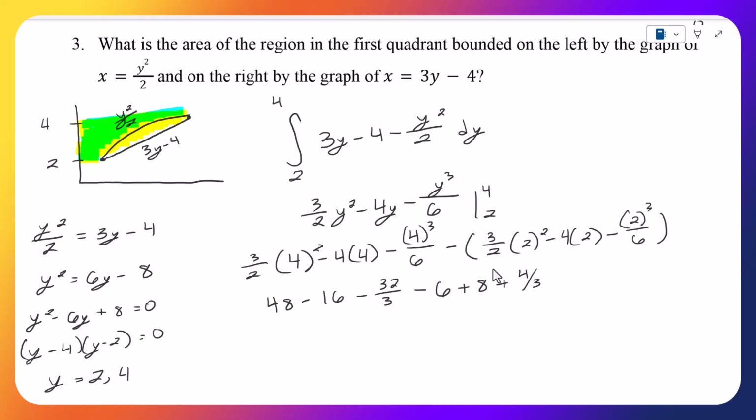This 48, hopefully you're screaming at it and realizing 4 squared is 16. 16 times 3 is 48, but I forgot to divide by 2, which gives us 24. And that makes my answer a lot more reasonable with how I worked it before. Okay, 24 plus 8 is 32. Negative 16 minus 6 is negative 22. 32 minus 22 is 10.